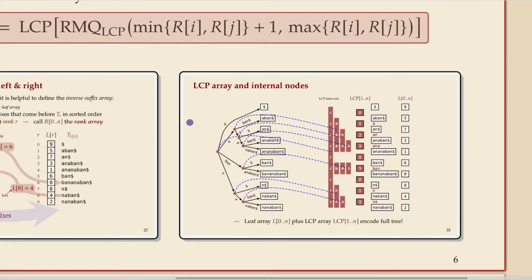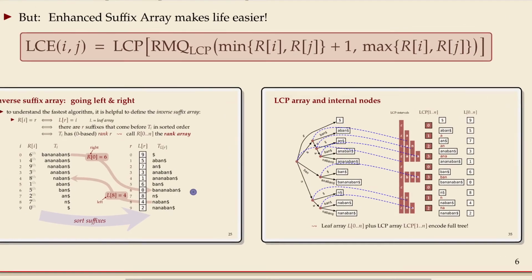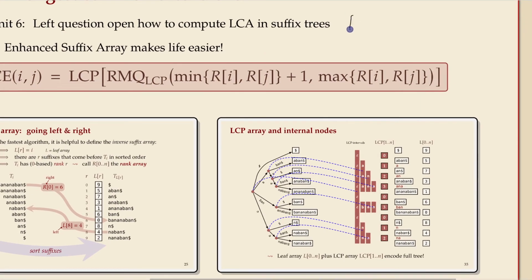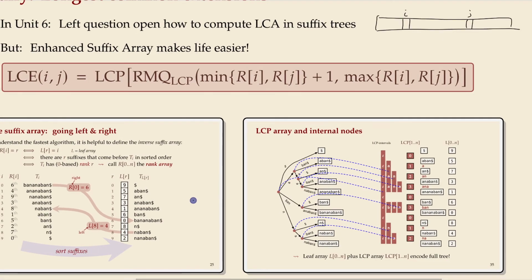If you take these two things together, then you can puzzle together this equation for longest common extensions. So we start with my favorite picture, I guess, or text. Two positions, i and j. And would like to know the longest common extension of those positions.